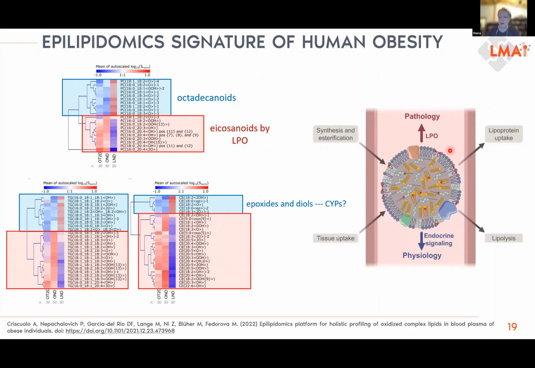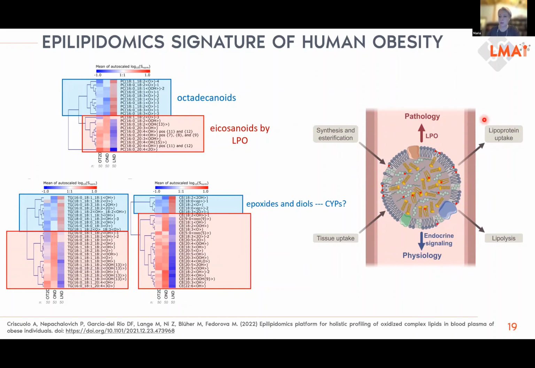So with that, we could propose that those modified lipids in the physiological conditions might be carried along the bloodstream in the form of lipoproteins, and they probably have some physiological functions and might participate in the endocrine signaling.